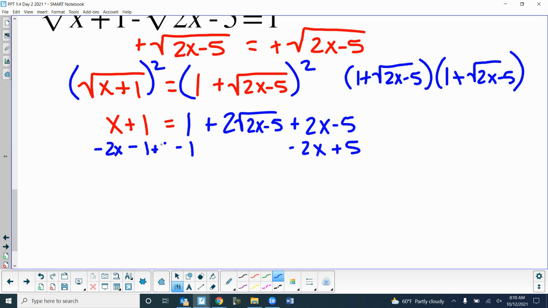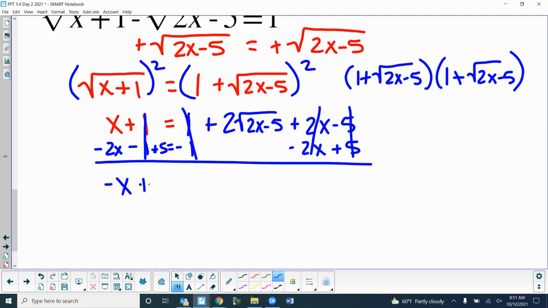I just put the plus 5 here too. So that's gone, and that's gone. You with me? And like terms, what happens to the 1s? Cancel. What's x minus 2x? Negative x. And then there's the plus 5. It's in there. And then I have this. Okay?